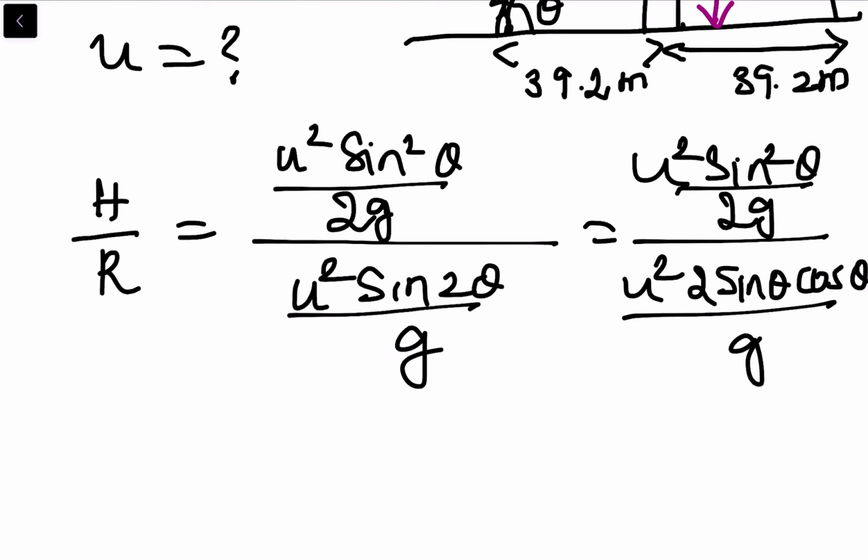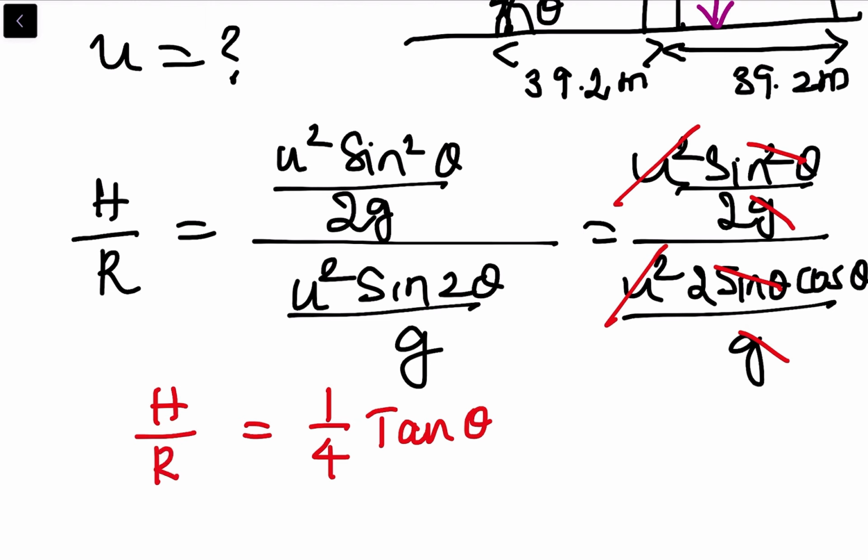Now whatever you can cancel, you cancel, that is u square, 1 sine theta, g and g cancel. You will get 1 by 4 tan theta. What is this? H by r.